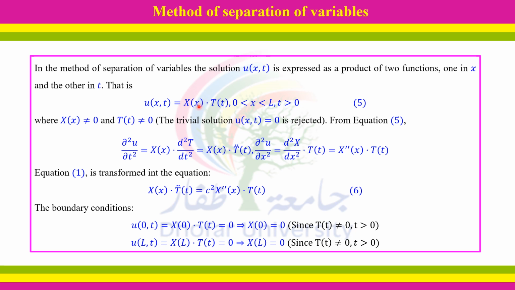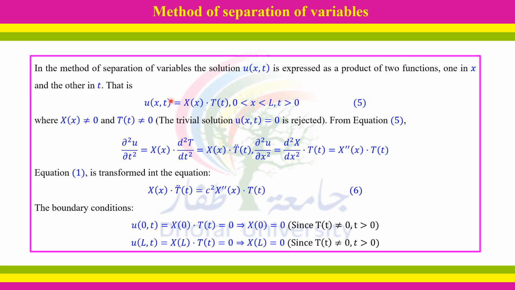So when we compute the second partial derivative of u with respect to t, this is a constant, and we compute the full second derivative of t with respect to t, and that gives x of x times t double dot of t.